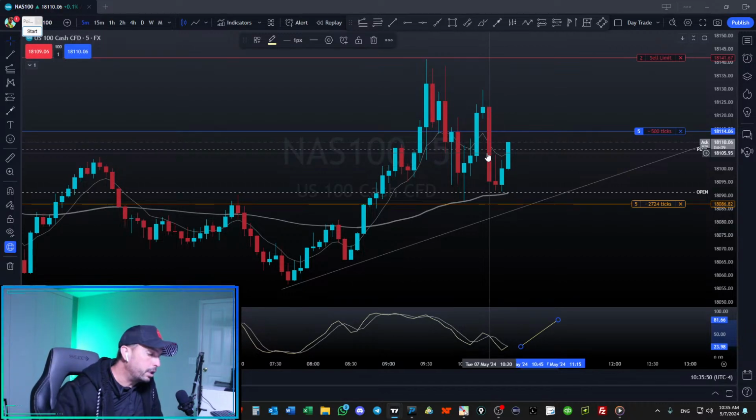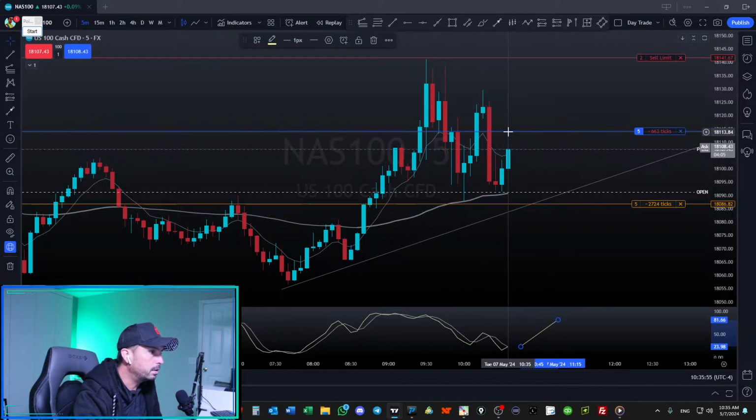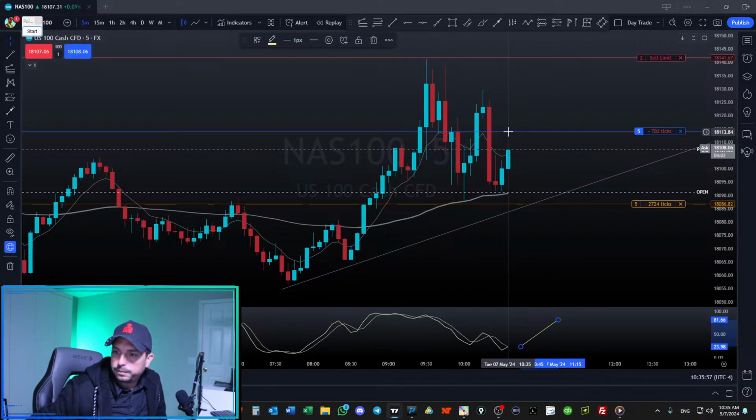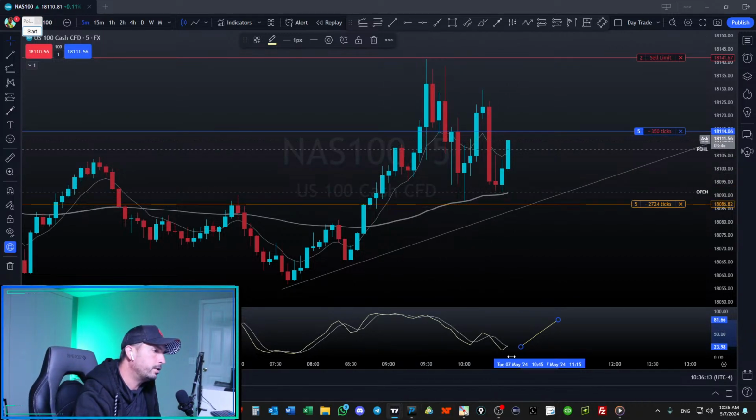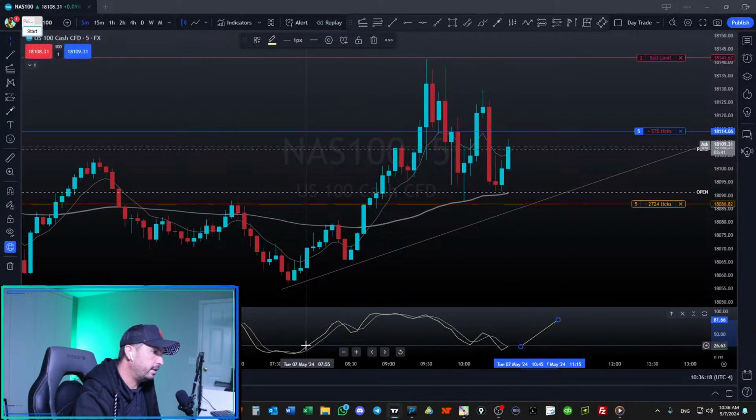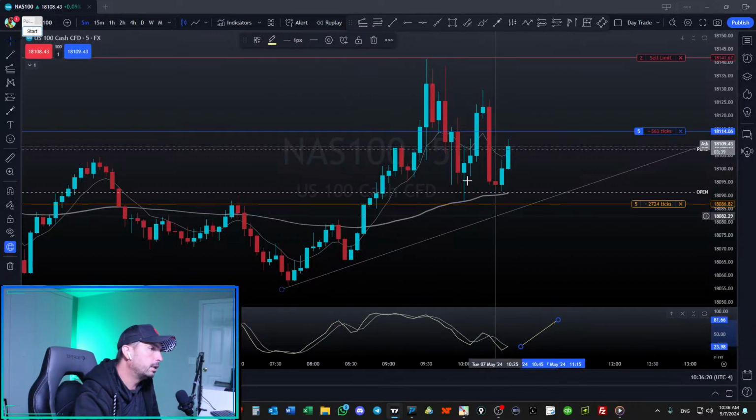So maybe we want to be even more patient on how this moves on, and wait until the stochastic gets to confirm that, because all right, we're waiting here.